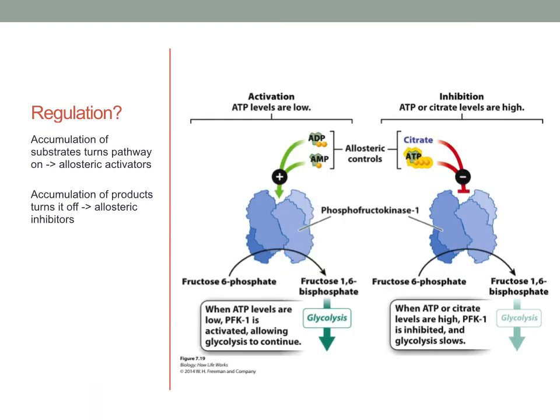If you look at one of these enzymes, like the phosphofructokinase, which is one of the first enzymes in the glycolytic pathway, you see that ADP or AMP, which are the substrates of ATP formation, will, when they are present in high concentration, activate the phosphofructokinase and turn on all the pathway by the production of fructose 1,6-bisphosphate, which is the second step of glycolysis.